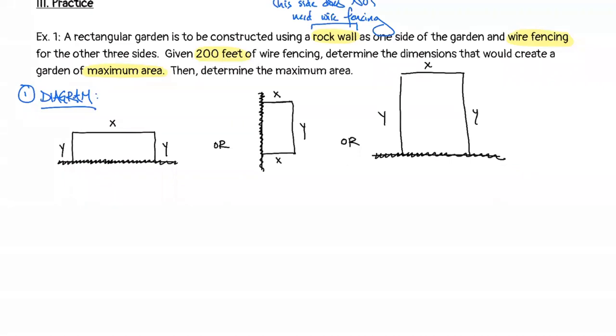So that's one thing I encourage you to put aside. Don't worry so much about how big or short something is, just go for the shape. That's important. And go for the labels. All right, any other questions so far about the diagram?